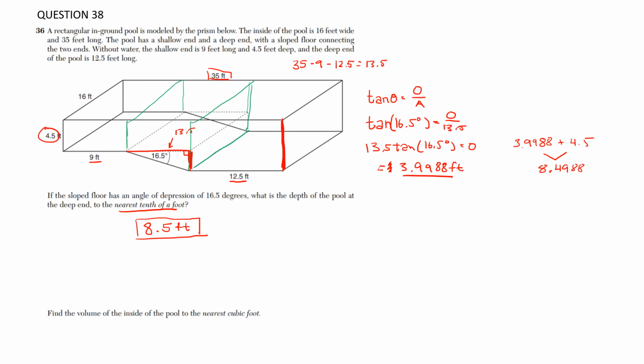But the way I choose to do it this time around, let me erase this, is to take this area here and subtract this trapezoid portion from it. Let me draw that out over here on the side.